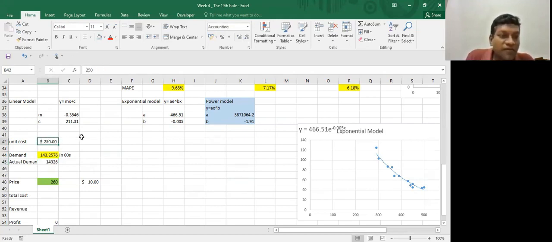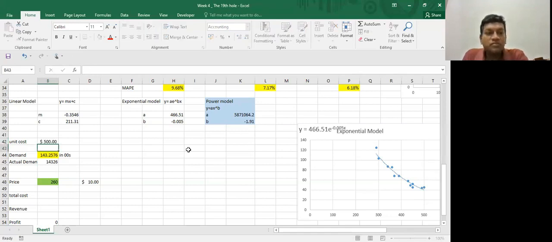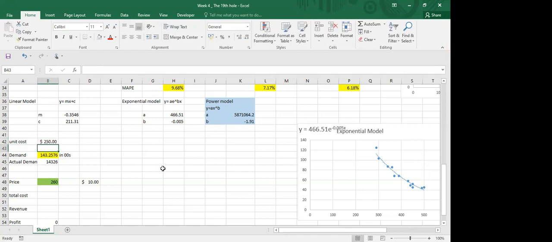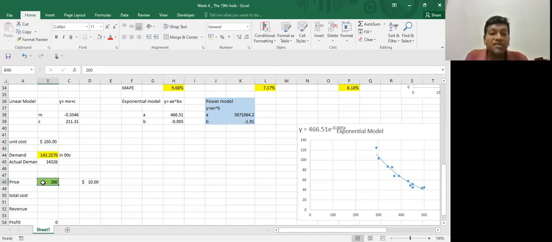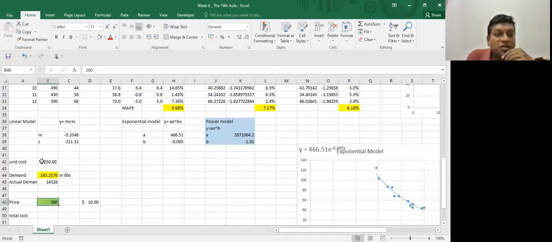Now, if I change the unit cost... sorry, unit cost is fixed. Price is a variable. Why did I put 260? Because your unit cost is 250.